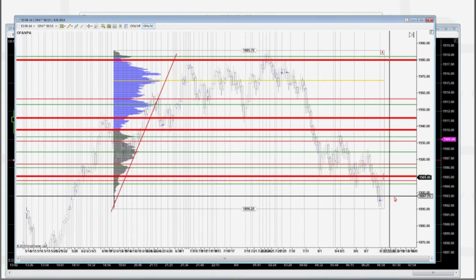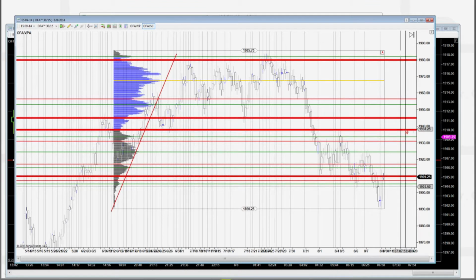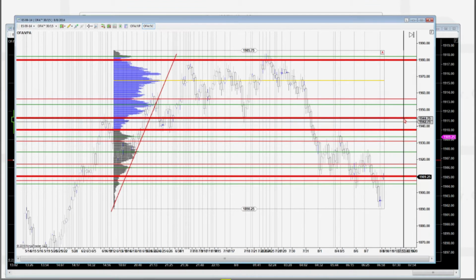If the overall context and condition of these buyers and sellers is that they really do want price lower, then this would be an area that I would expect to start to see sellers, and possibly up here around 44, 44.75, 44 level.